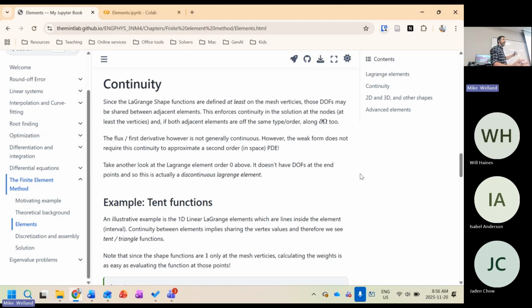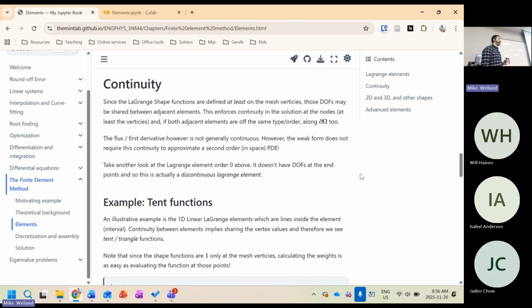You could extend that idea and say even with Lagrange elements order 2, you could break that continuity. It's called the discontinuous Lagrange elements. Very useful for advective equations, right?